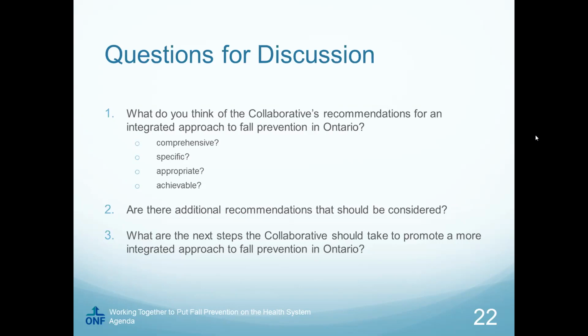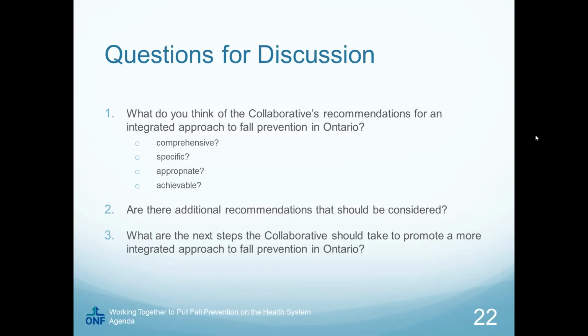Yeah, I'll try. At the moment, what is reported provincially is falls visits to emerge and hospitalizations. And as Susan said in her slide, that's not necessarily a relevant measurement for all areas in Ontario.